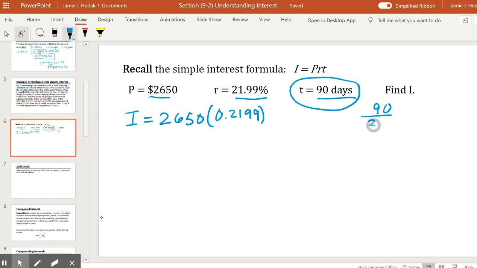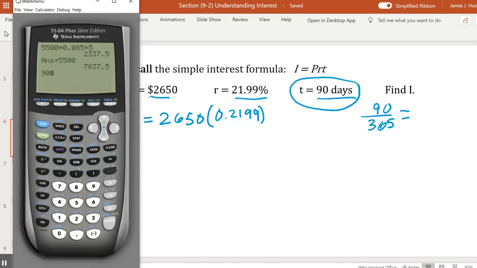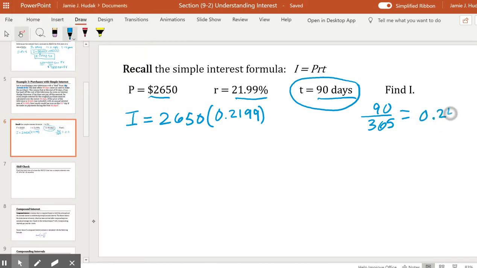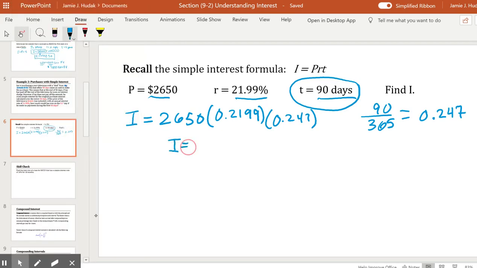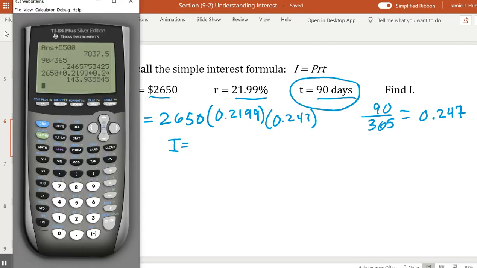So 90 over 365 gives us 0.247 of a year. So we see that the interest is $143.94.